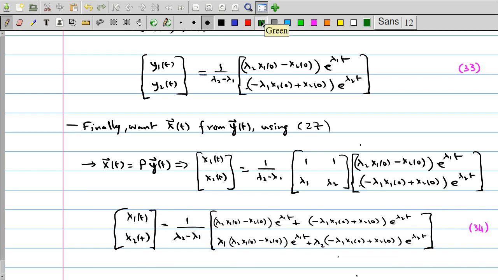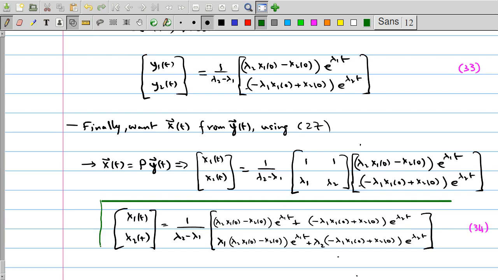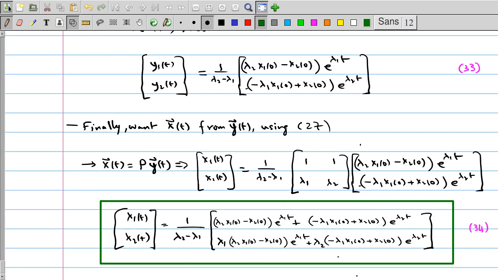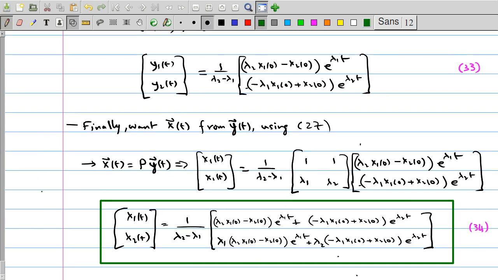I just hope that we haven't made any mistakes. That's the unfortunate thing. Well then, one has to go back through the whole thing and correct it, which is going to be a real pain. Okay, 34. So finally, this is the solution of your equation system.